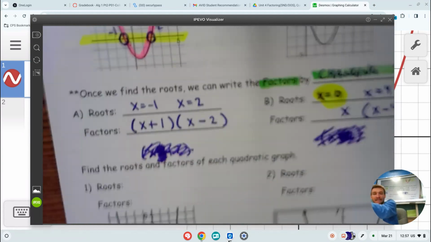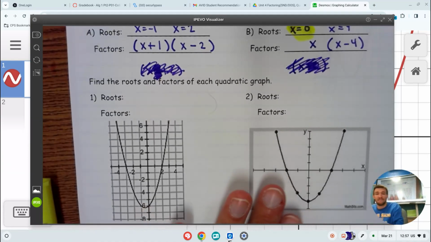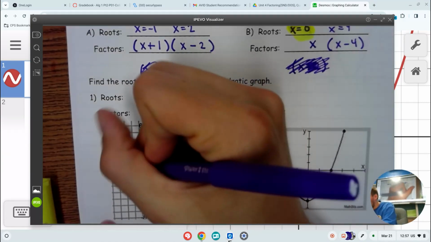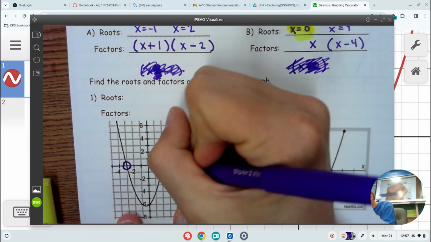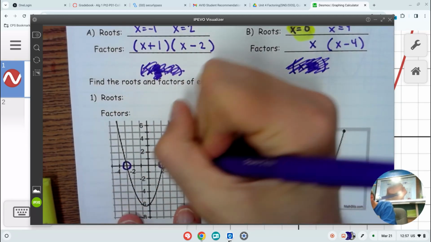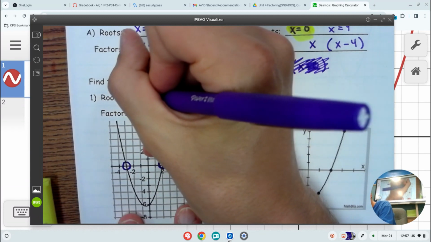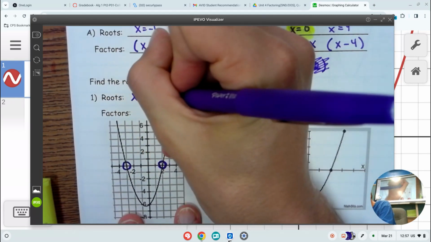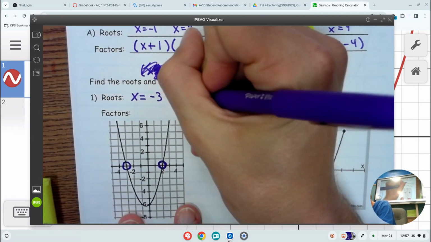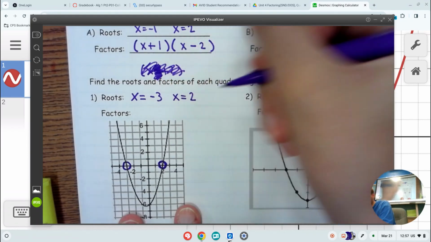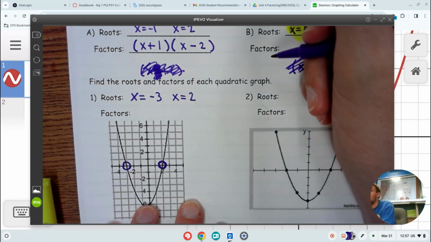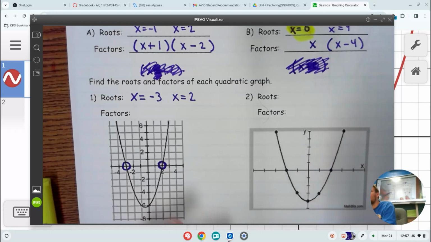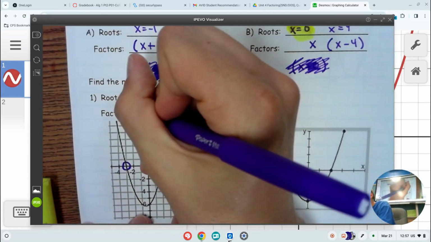All right, at this point, these questions take about 15 seconds. You look for your intercepts. There it is. You write them down as roots. X equals -3. X equals positive 2. And then you write them down as factors, which is kind of opposites.